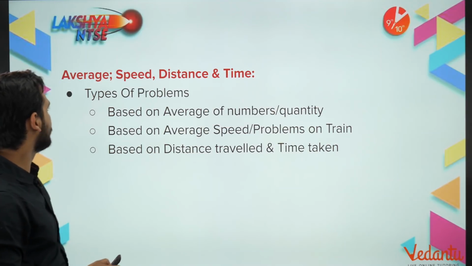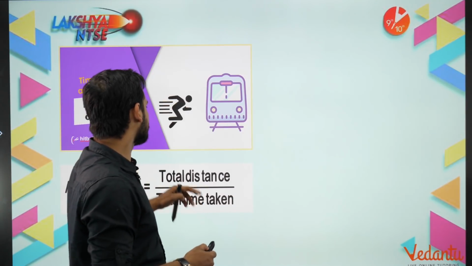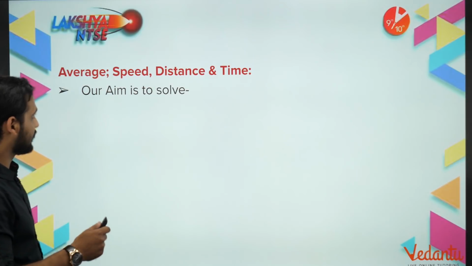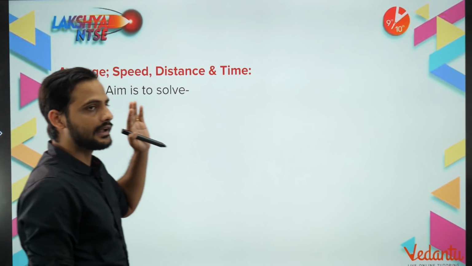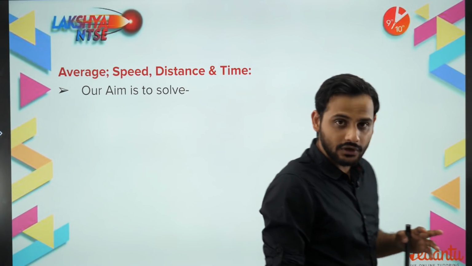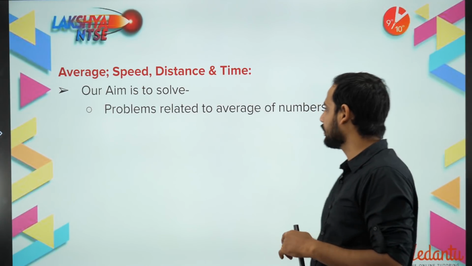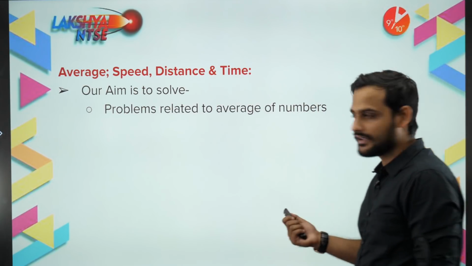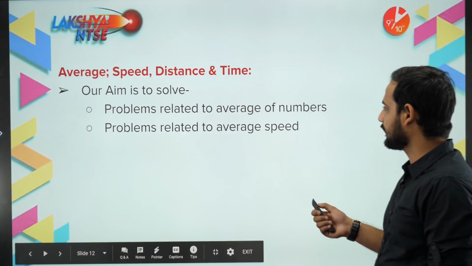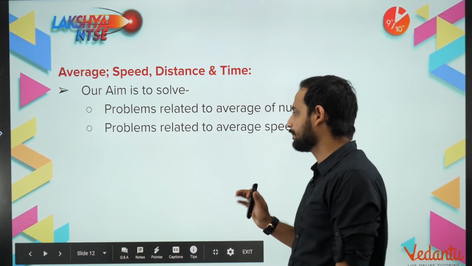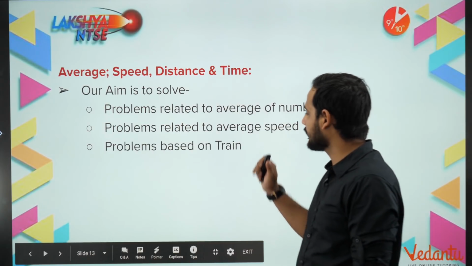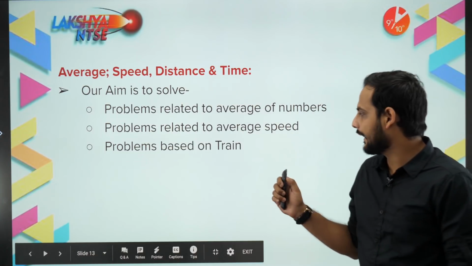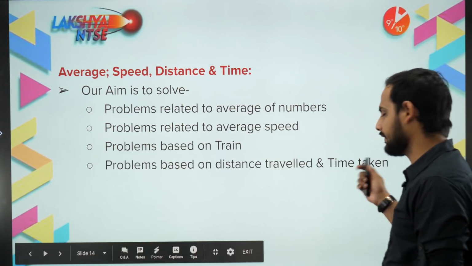Then we'll be talking about what will be the aim, what kind of problems we'll be solving in today's part. First we'll be solving problems related to average, which I have told you. Then we'll be solving problems related to average speed. Okay, then we'll be solving train problems, and then distance traveled and time taken.